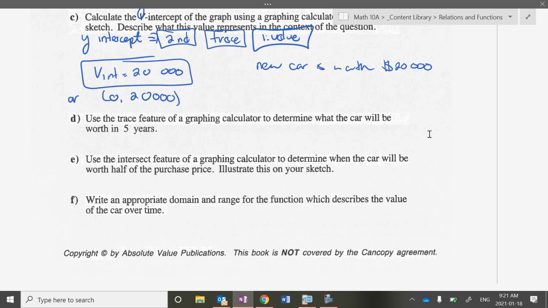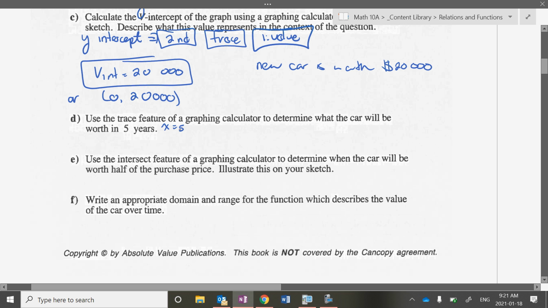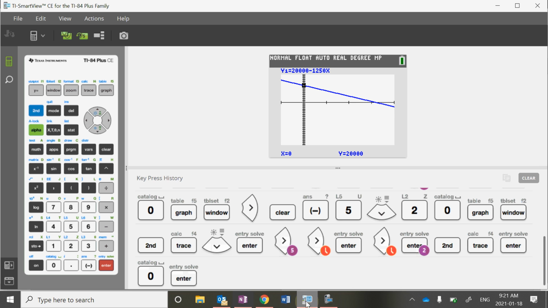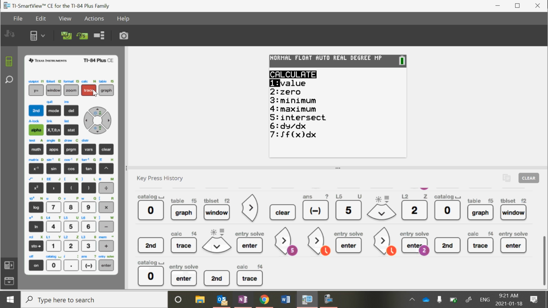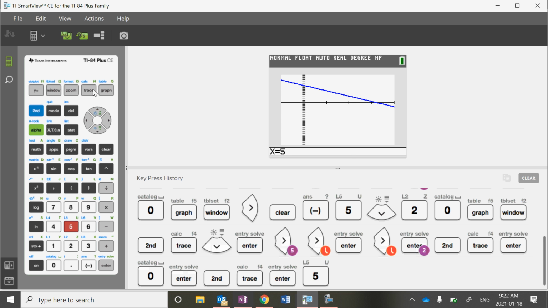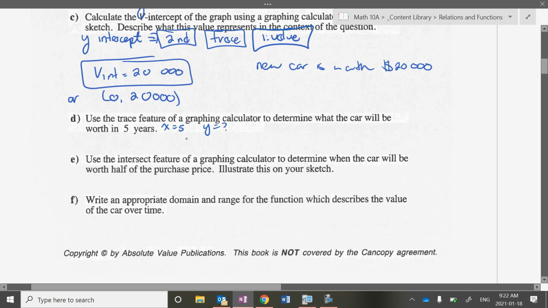So in this question, you're still going to use that value option because I want to know the value of basically when x is equal to 5. That's what it's asking us. What is y? So on my graphing calculator, second trace, value, x equals 5, and we get 13,750. So that's a different way that you could use that option.